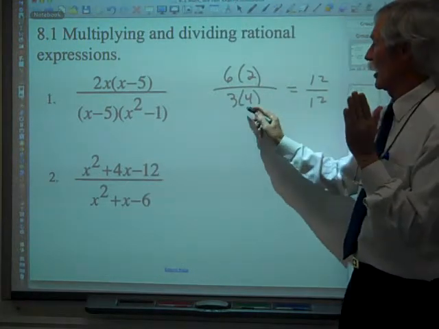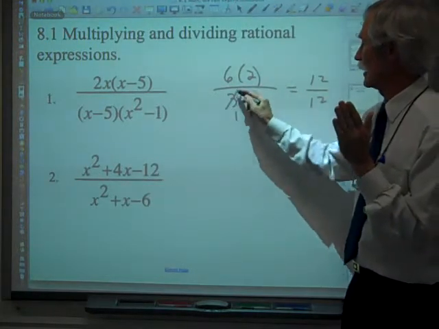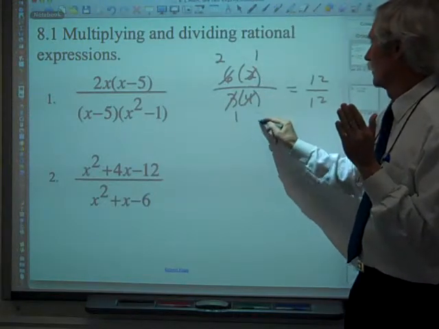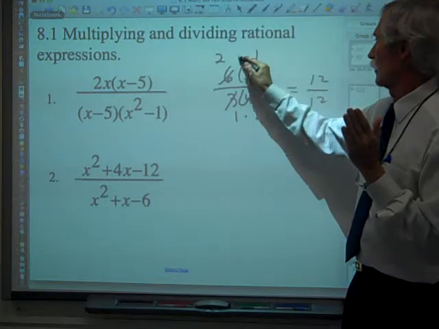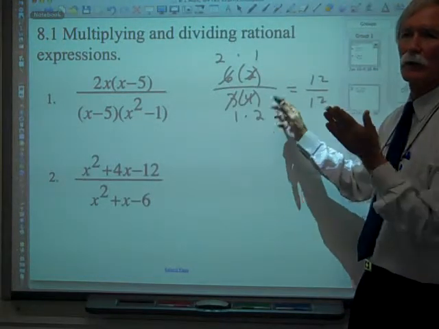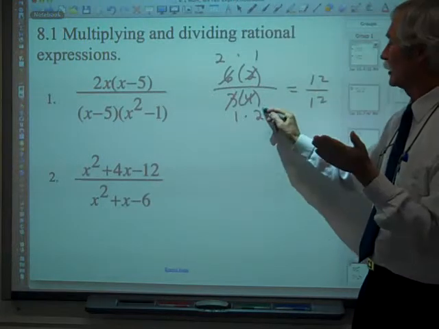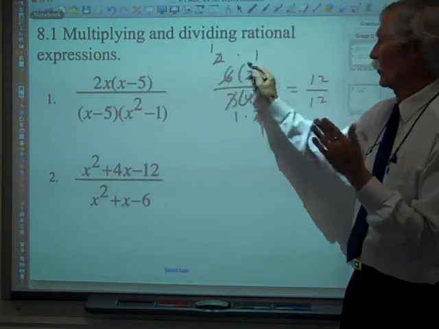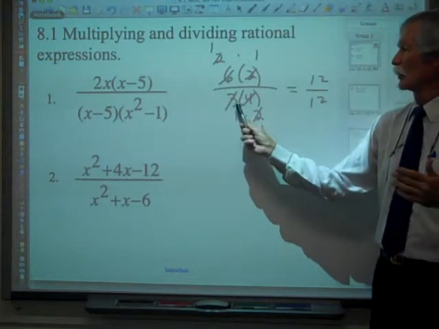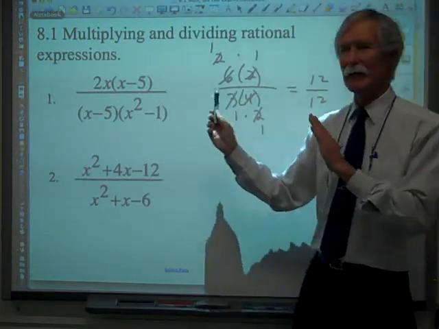But if it's all multiplying, you can cancel little bits as you go. And what you end up with is 2 over 2, which is still 1. And you could keep canceling even, and you get 1 over 1, which is still 1. So if the basic thing is a multiplying problem, you can cancel at will.